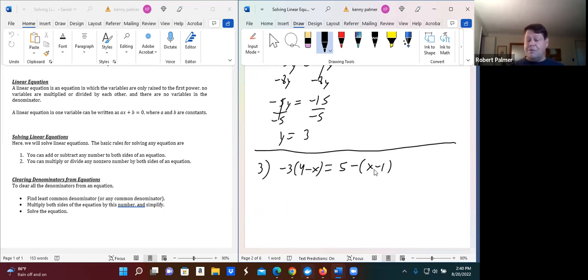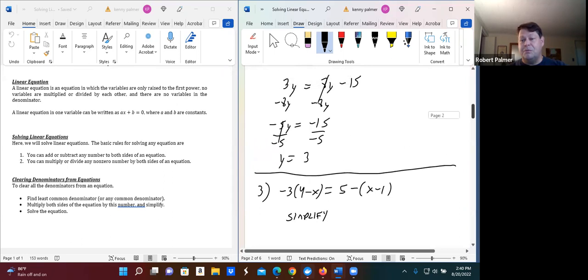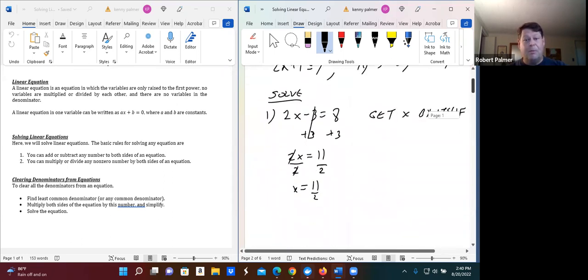Now, what's different about this one? Well, if you notice, we have these parentheses. Before we start adding or subtracting things from both sides, we need to simplify each side first, to make it look more like one of the first two, maybe number 1 or number 2.